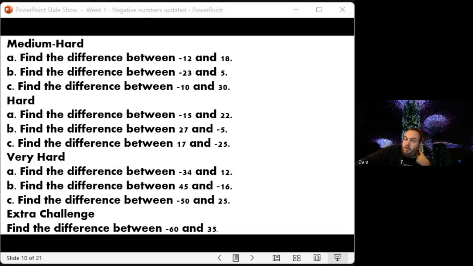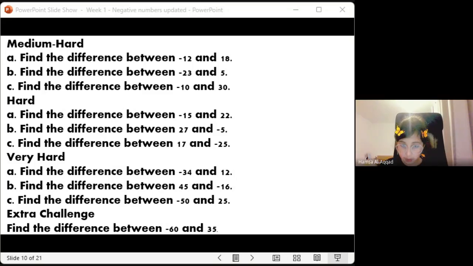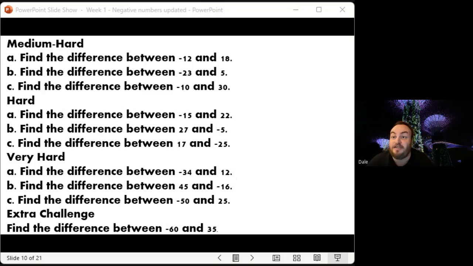Hopefully Asma has worked out the answer to hers. Asma, can you unmute and read your answer out, please, if you've got it? 42. Yes, that's right. Remind me which question it was again. I've lost it. It was hard C. That's right. Yes, well done.